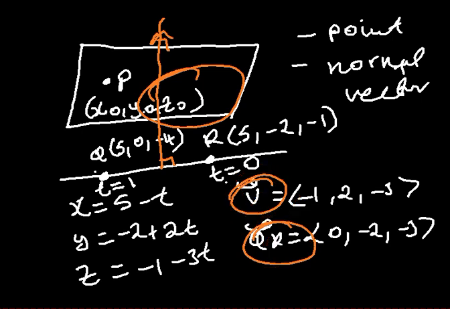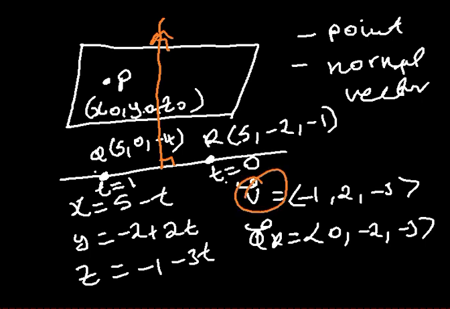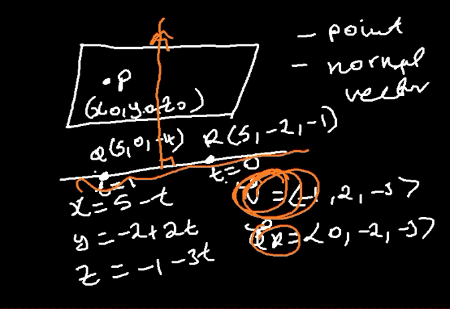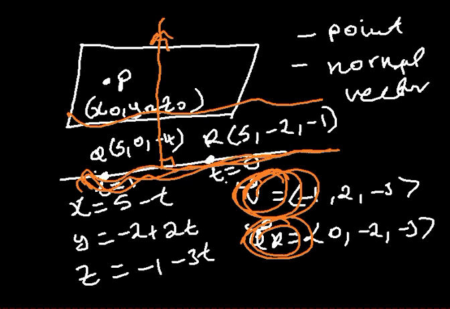So have the cross product of these 2 vectors. Mind you, this direction vector is parallel to the line, and since it is parallel to the line, it is also parallel to the plane. And this vector QR is also on the line, and it is parallel to the plane.